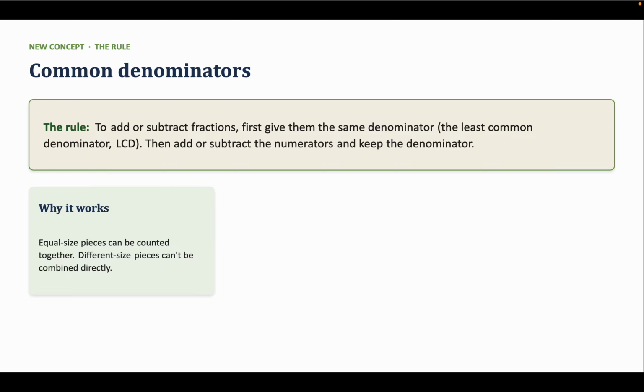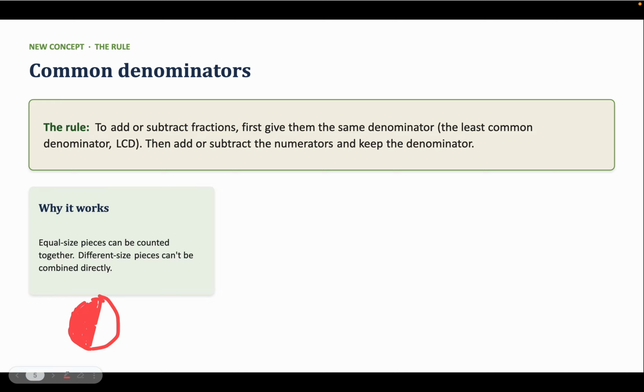Why does this work? Well, because we have equal size pieces that can be counted together. Different size pieces can't be combined directly. That's why we need to change them into similar sizes. And you can think of maybe like a pizza. Let's say we had a pizza cut in half, and that's our fraction of 1/2.